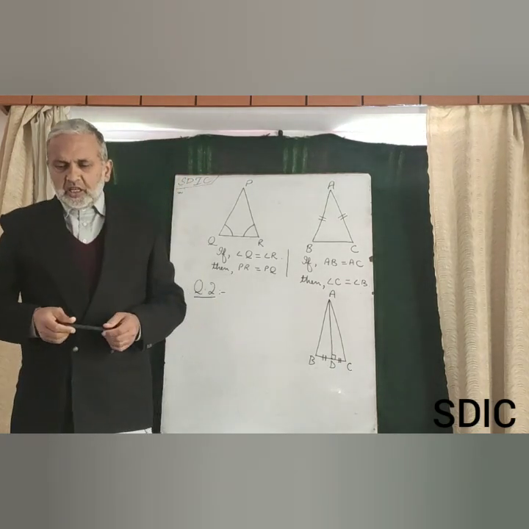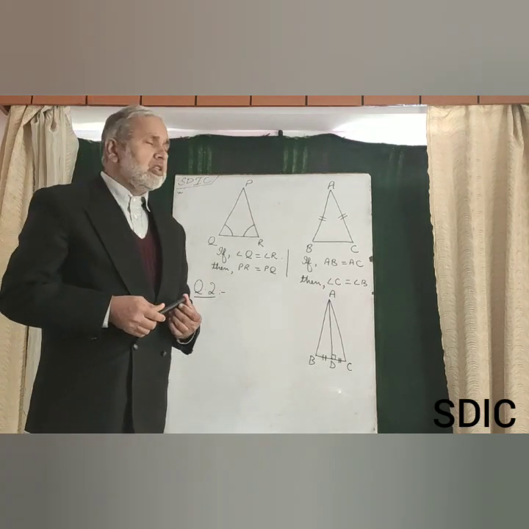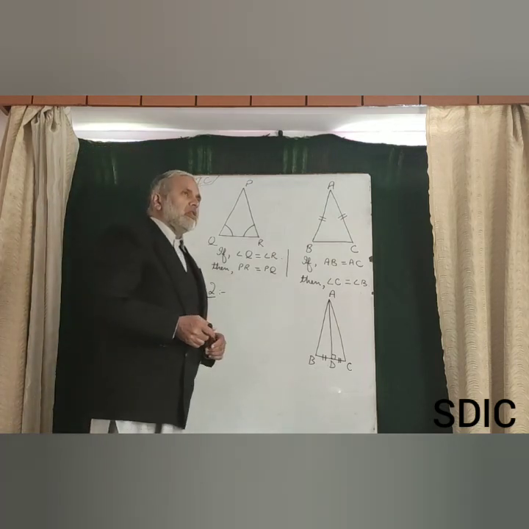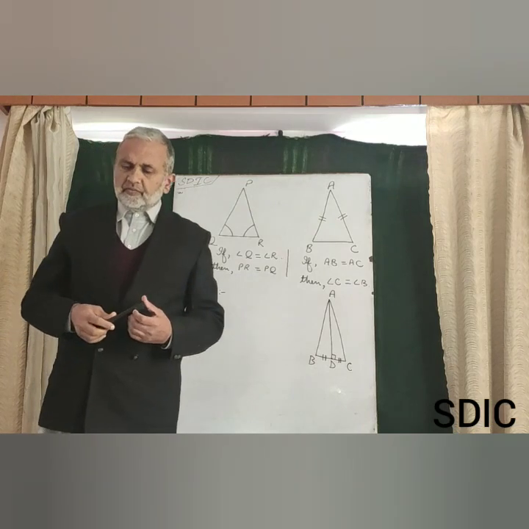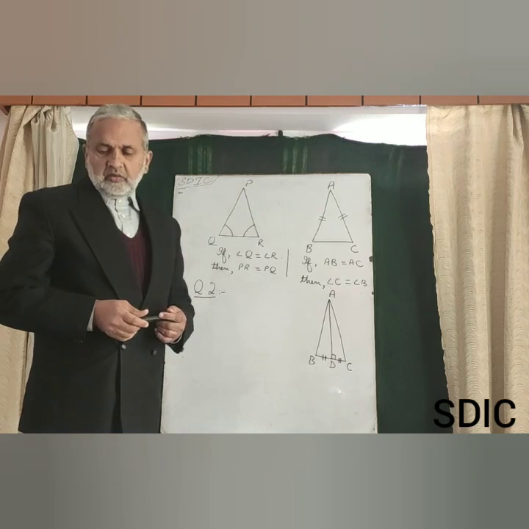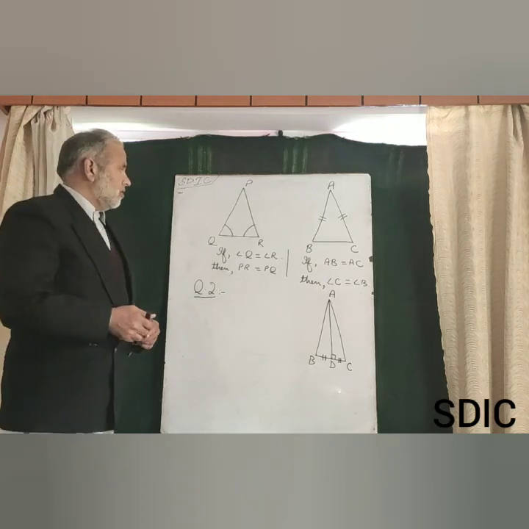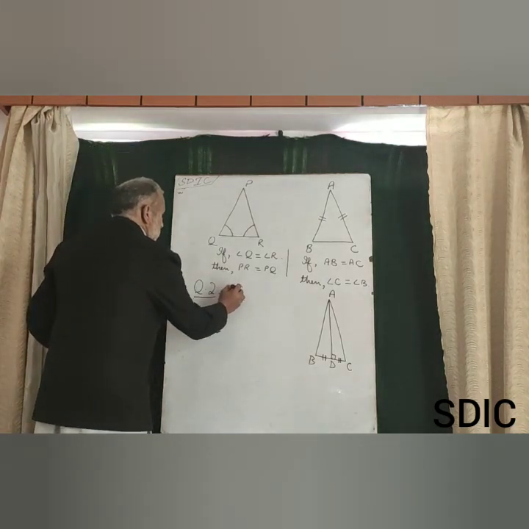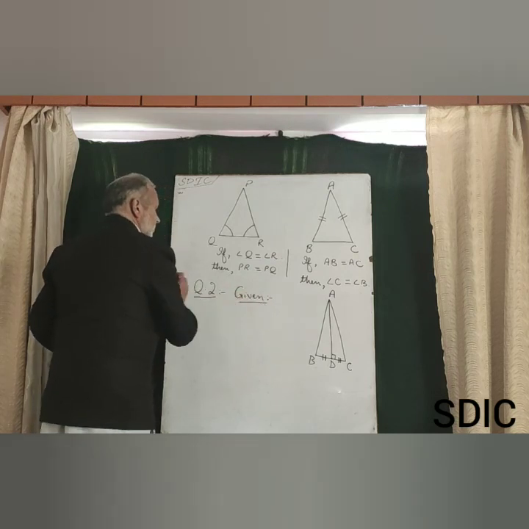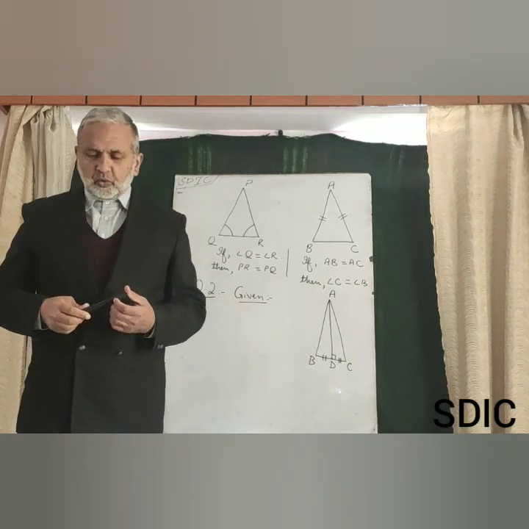Well, as explained earlier in the previous chapter on geometry, as well as in the previous exercise, you have to first write the information given as well as required from the statement. Under the titles, we write first given information, and then we write what we have to prove or find.